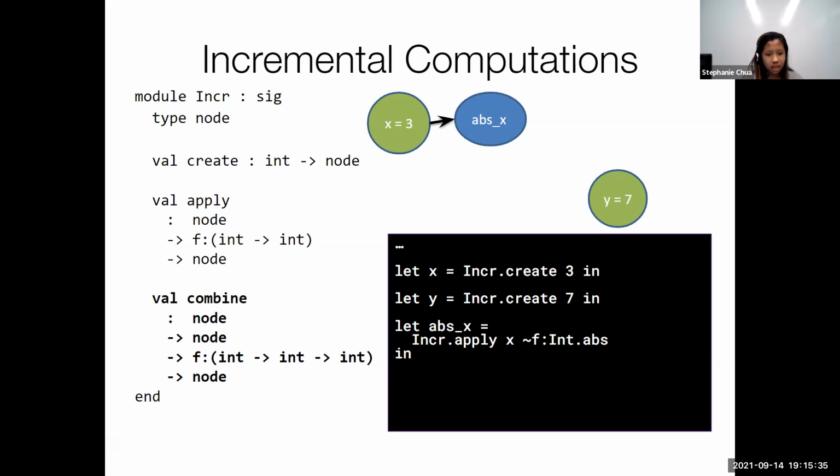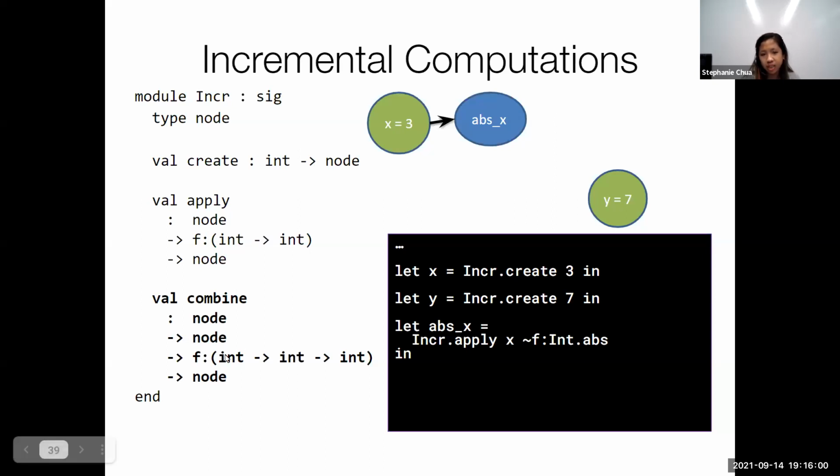F is just saying that the argument of the function is labeled. It doesn't mean much. Just because apply and combine both take in a function f, it doesn't mean the f has to be similar or the same in any way. In fact, the f here is actually different.